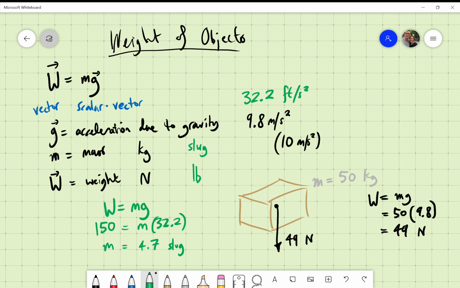Okay, so, I weigh a bit more than 150 pounds. I'm about 157 these days, and I'm going to say I was about 155 before coronavirus. So, I have a mass of about 4.7 slugs.